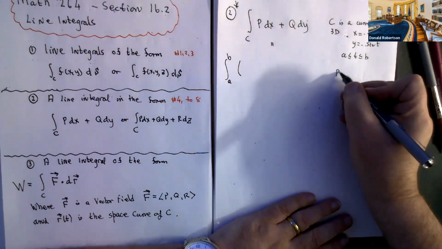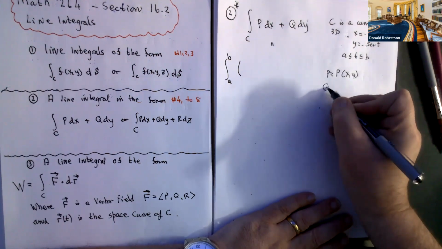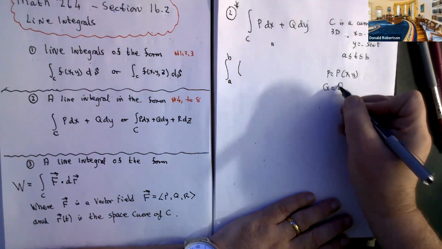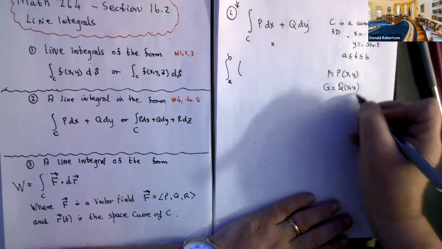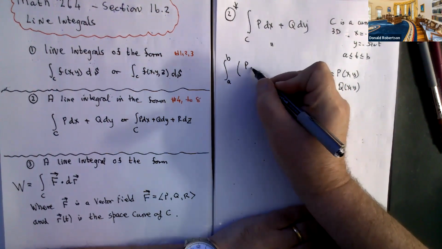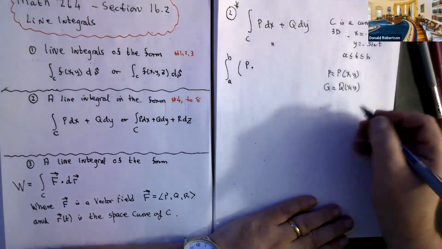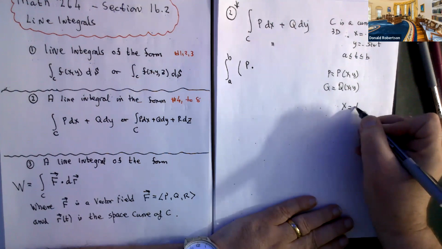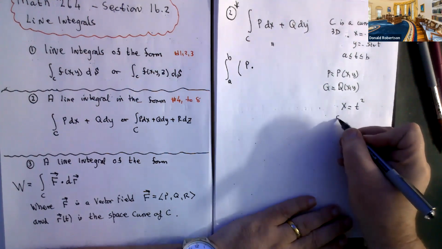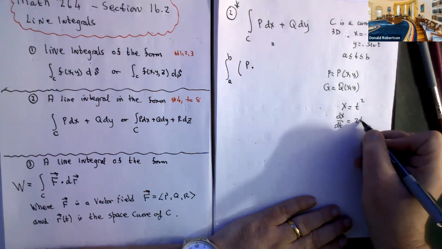P is a function of x and y. And so is Q a function of x and y. So you're going to have P times dx. If you are given x squared as that, then you can differentiate with respect to t and get that.